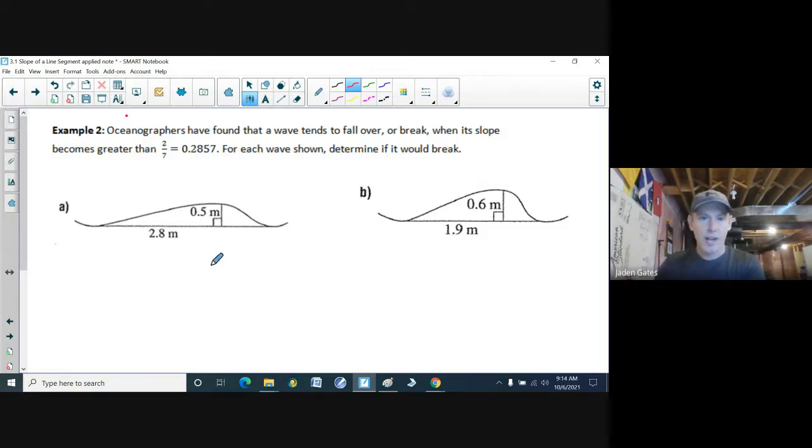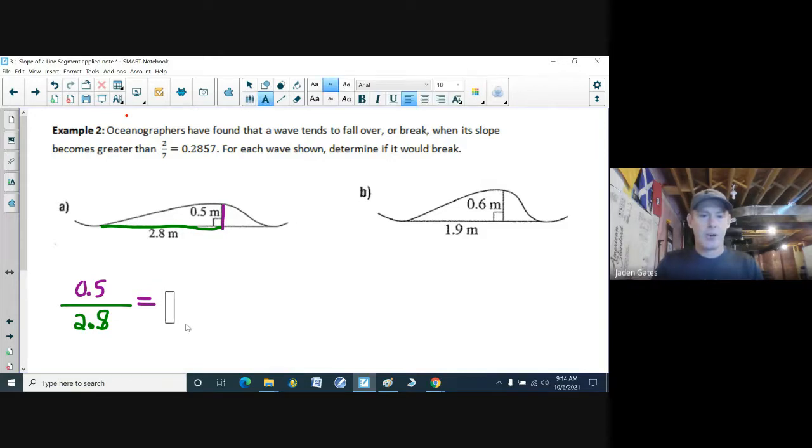So we get 2 waves here. And again, I'm going to use my formula, rise over run, where along this wave here is our run. So that would be our 2.8. And then we go up, which would be 0.5. And so now I can take those numbers and divide them.